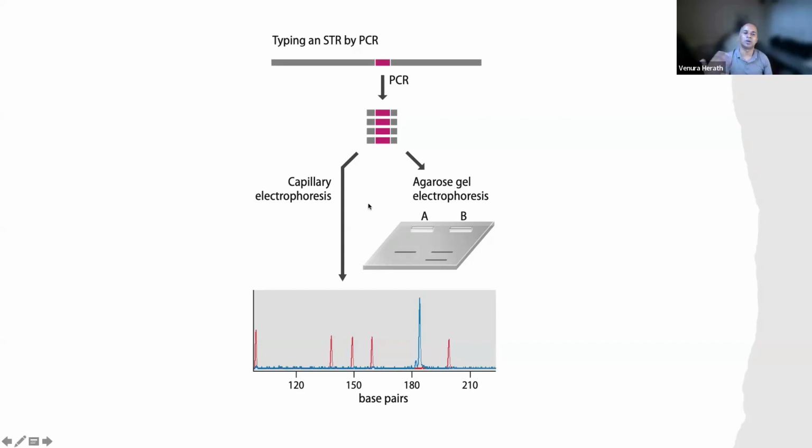Now we have a much better option, capillary electrophoresis. You run your sample, the machine automatically detects the length of your product, and gives you a graph. So you can quickly screen so many plants or fruit flies within a short period of time, compared to conventional agarose gel electrophoresis.